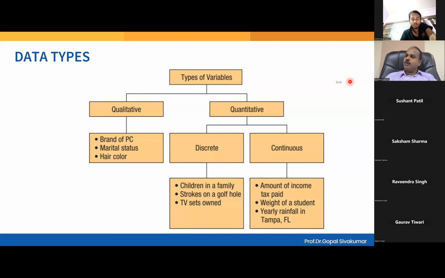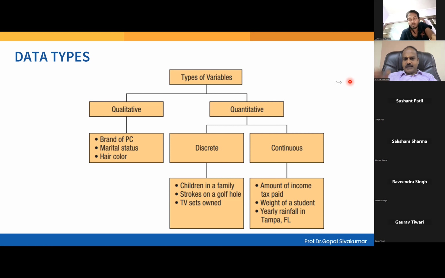What is this data? Qualitative data or quantitative data? Qualitative. There are no numbers. Mumbai, Pune, Delhi, Hyderabad. This is qualitative data. Your name, qualitative data. There are many things that are qualitative data.